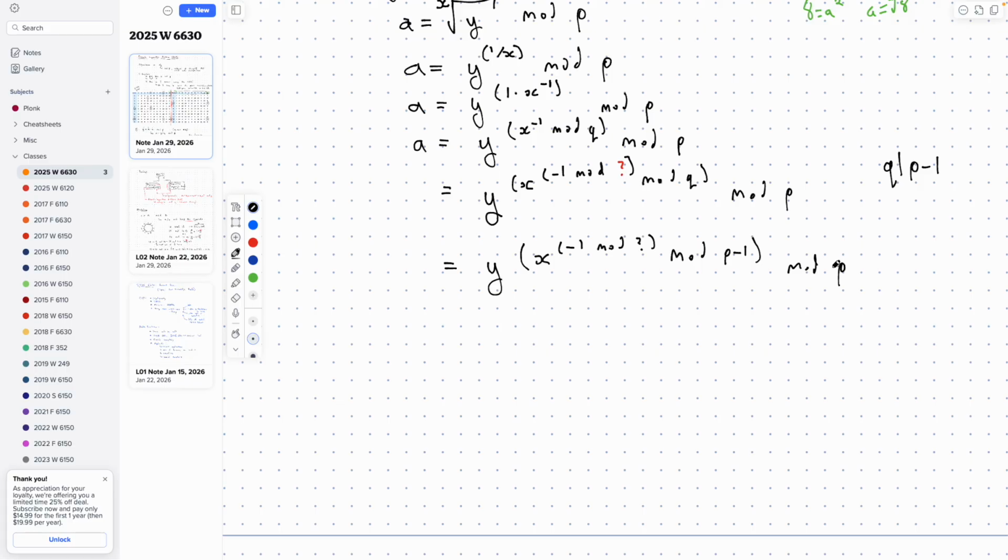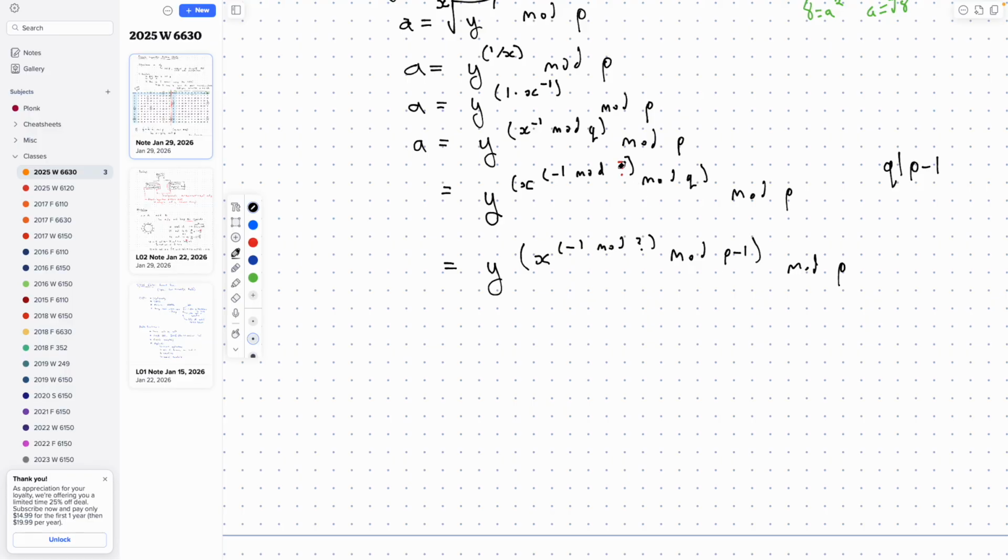Now, when I went from mod p, I went to p minus 1. What do you think happens when I go from p minus 1 up? p minus 2. So if I want to go up an exponent, all I do is subtract 1 from whatever is below me.